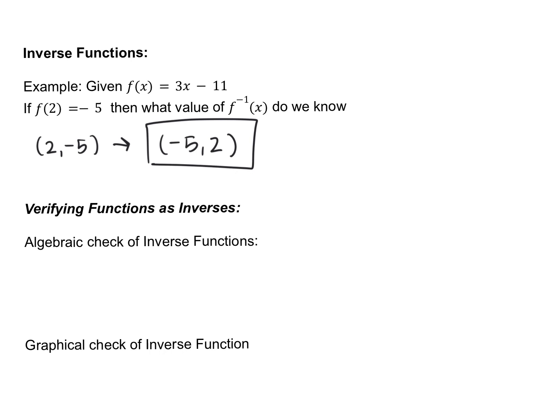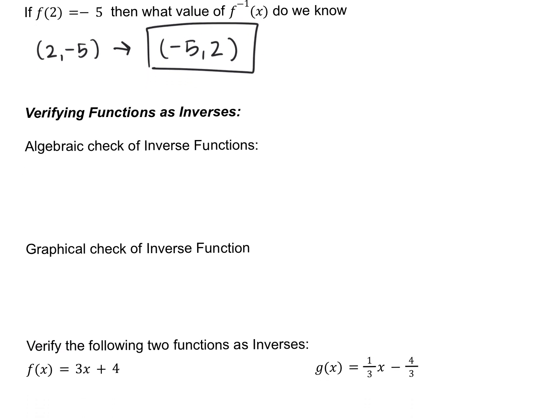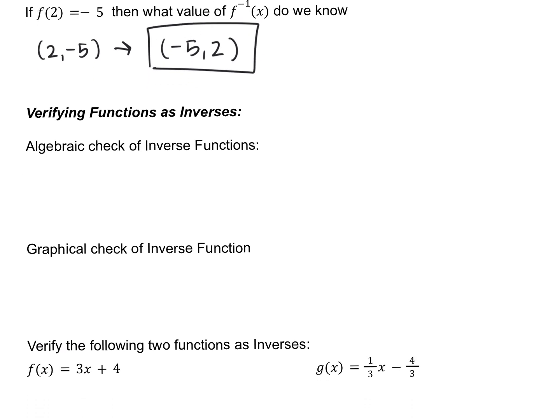So there are two ways to check whether or not two functions are inverses of each other. There's an algebraic way and a graphical way. And we are going to use the algebraic way because it's hard to tell from the graphical way. So the algebraic way is if f of g of x equals x and g of f of x equals x.